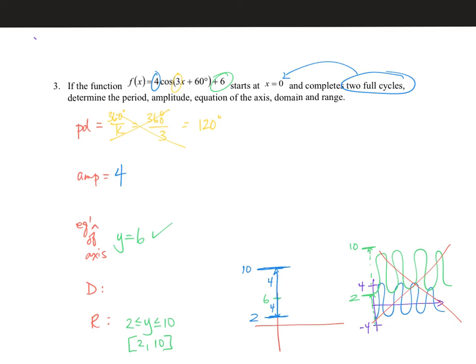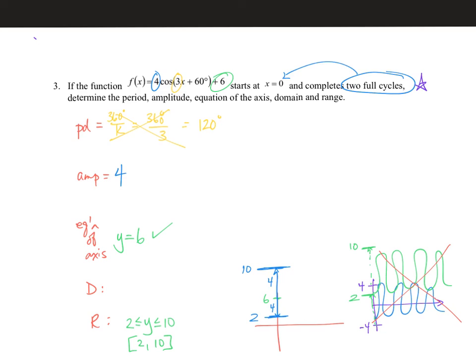Okay, I want to jump into domain a little bit right now, because domain may have been a little tricky. I would not have been shocked if a bunch of people wrote down, well, I know that my domain for my cosine graph is just x can be anything. Be very careful. This is where we have to recognize that we're only including our domain for 2 full cycles. The first thing we need to consider is that I've been given a starting value.